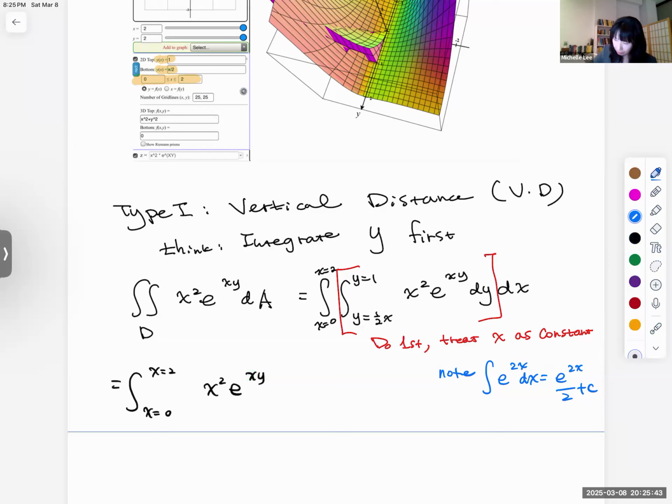So that will be over x plus c. But then we evaluate from y equal to 1/2 x to y equal to 1. Is that okay? All right, now let's simplify.